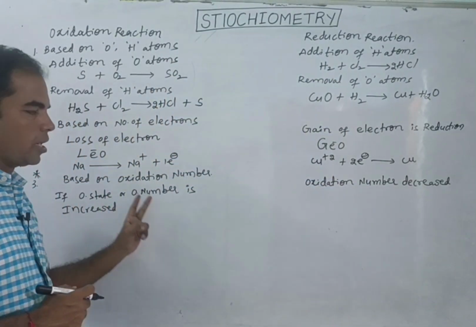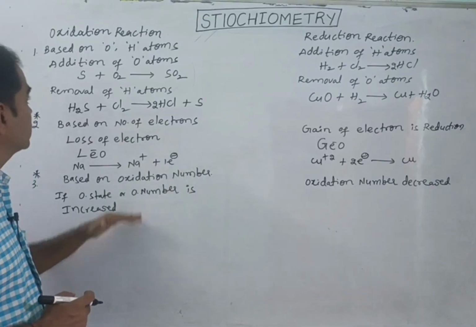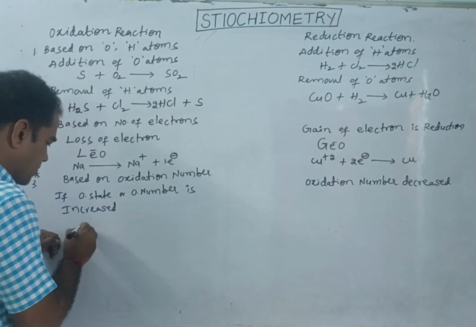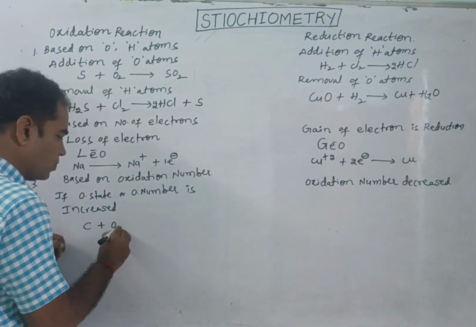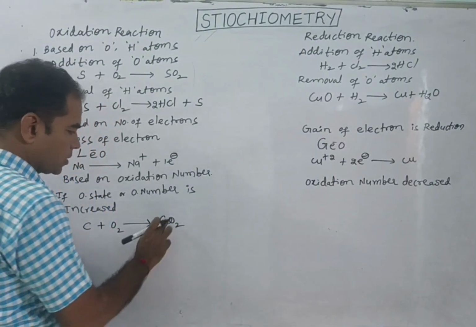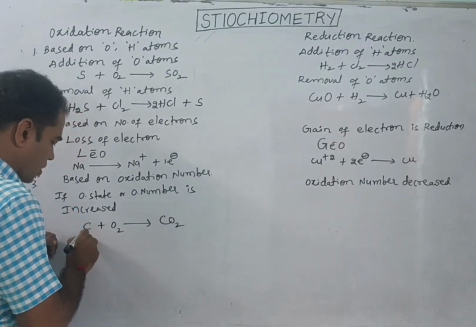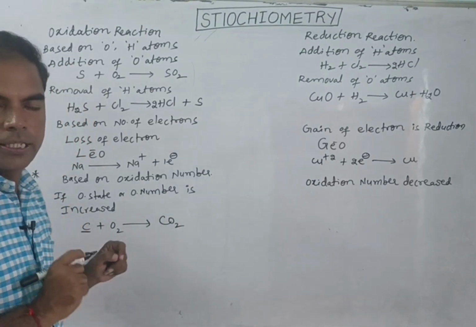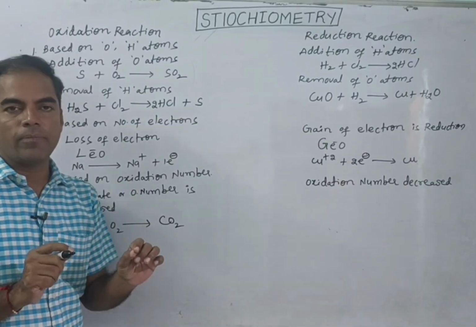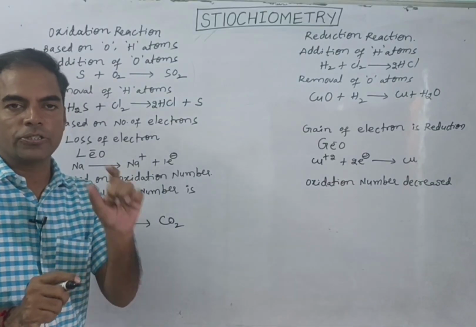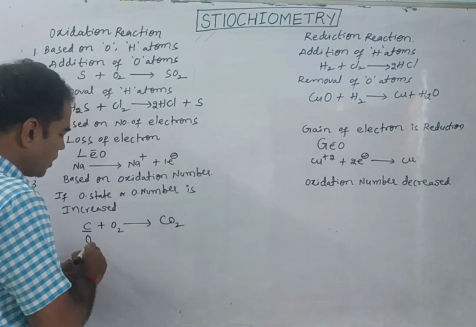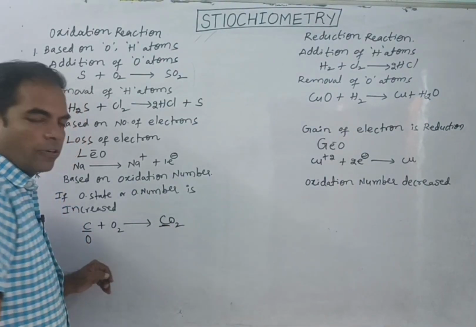Here oxidation number or oxidation state increases, that is oxidation reaction. Let us see example. Carbon plus O2 gives rise to CO2, carbon dioxide, right? Here what is the oxidation number of carbon? Can you guess the answer? Already we discussed in the previous class. Elementary form, free state of atom, the oxidation number always 0. Here oxidation number is 0, right? Here what is the oxidation number of carbon?